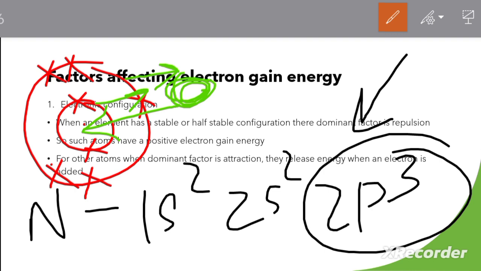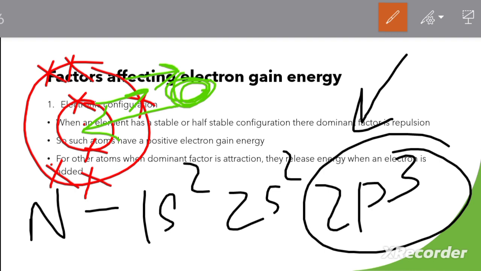If attractions are prominent, energy is released when an electron is taken by that element. When an atom has a stable or half-stable configuration, the repulsions become prominent because it does not like to accept any more electrons.